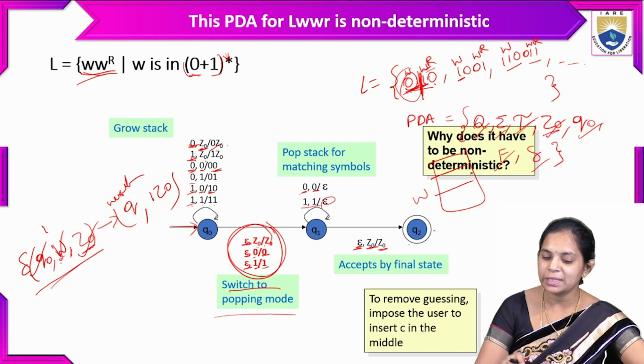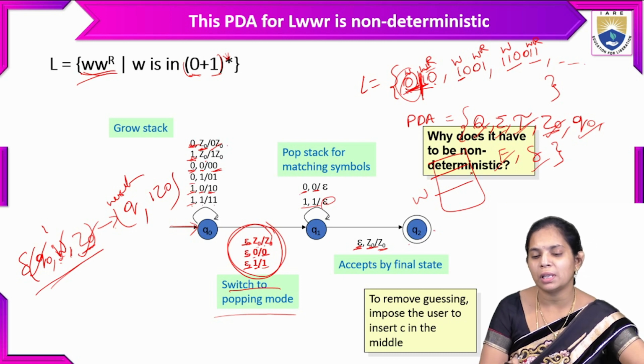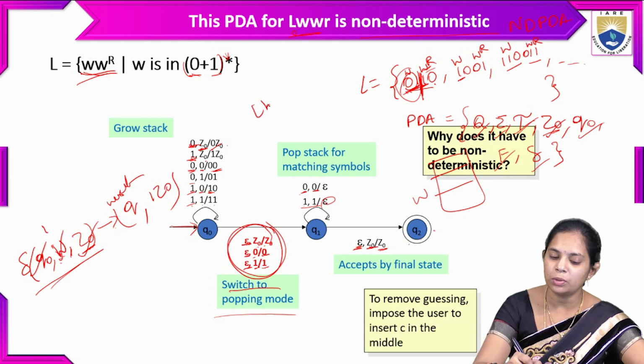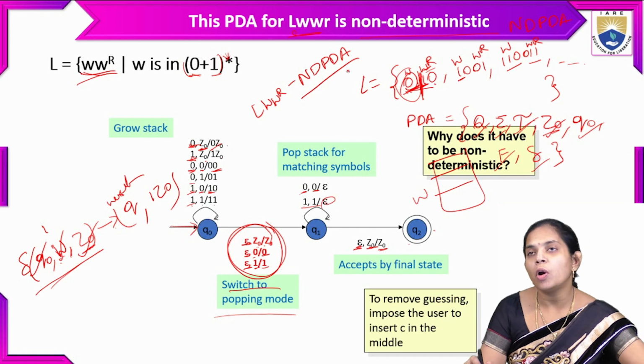And we can say that the language WW reverse is non-deterministic, an NDPDA, a non-deterministic pushdown automata.